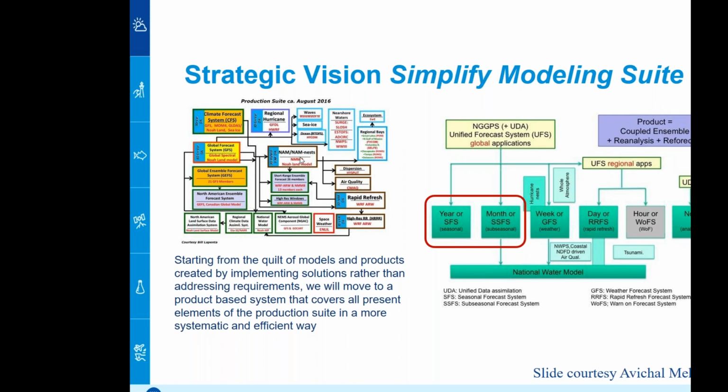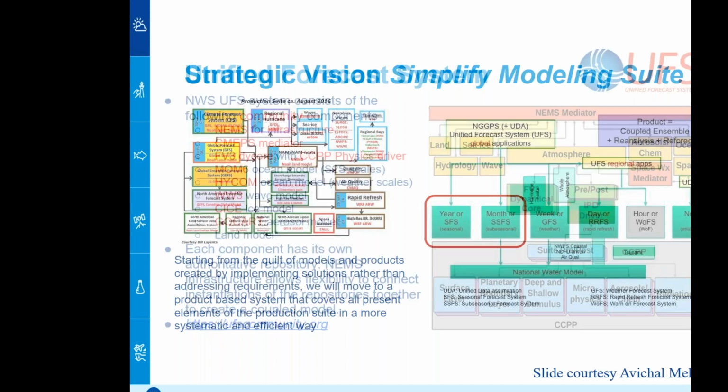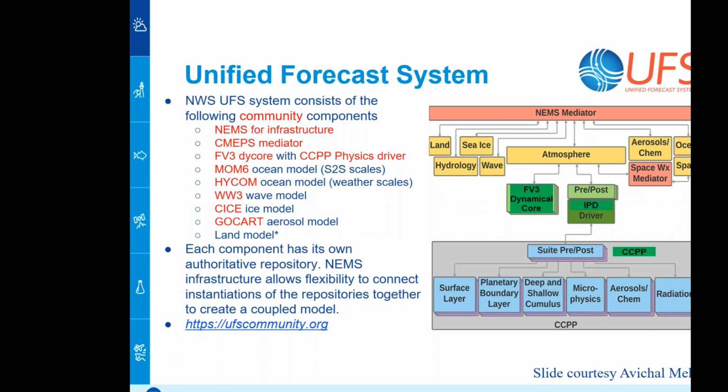The idea here is that instead of having lots of different models for different pieces, you would instead build a streamlined system where you can turn on or off different pieces, still at different resolutions, but to address issues related to specific forecasting needs. And as a part of this, the UFS also adopted a very outward-looking community-based approach for how these components were going to be developed.